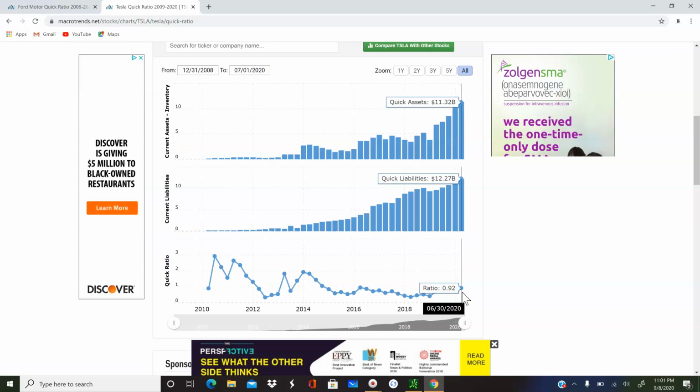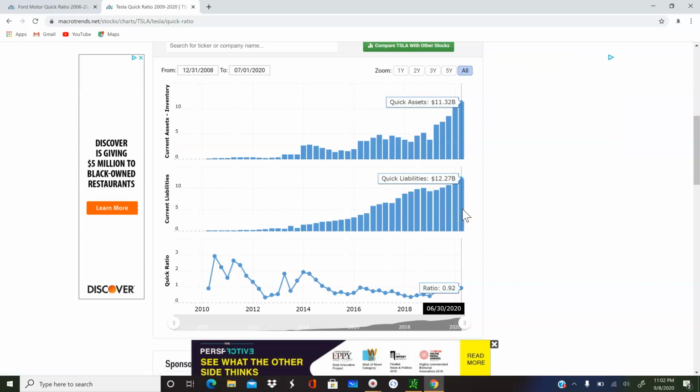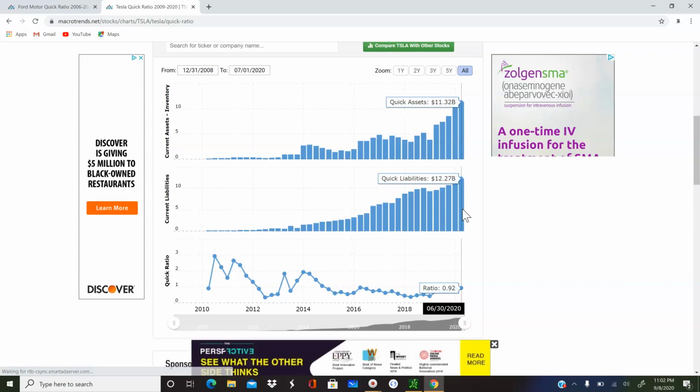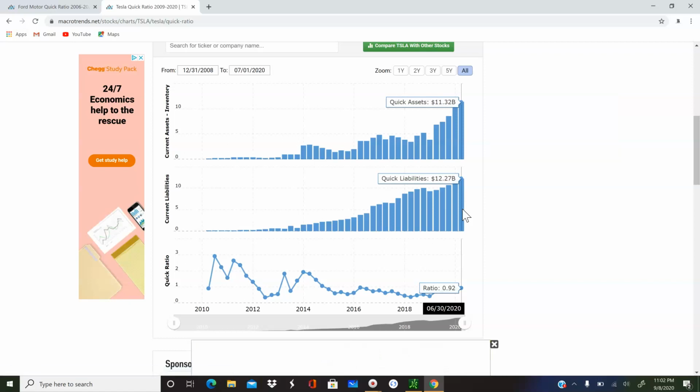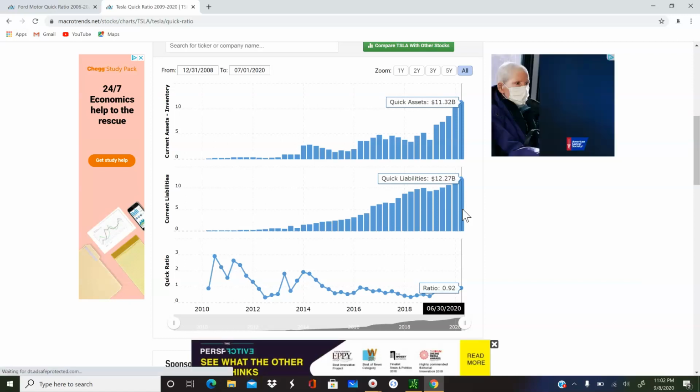This tells you that without that inventory, Tesla does not have enough current assets on hand to cover its short-term obligations, its current liabilities. As you can see, quick assets are 11.32 billion, and current liabilities are 12.27 billion. So you can already see that difference, with 0.92 as the quick ratio. It's not significantly lower in the grand scheme of things.